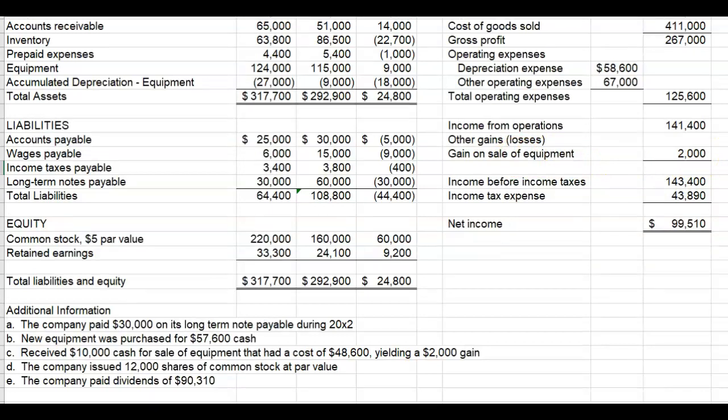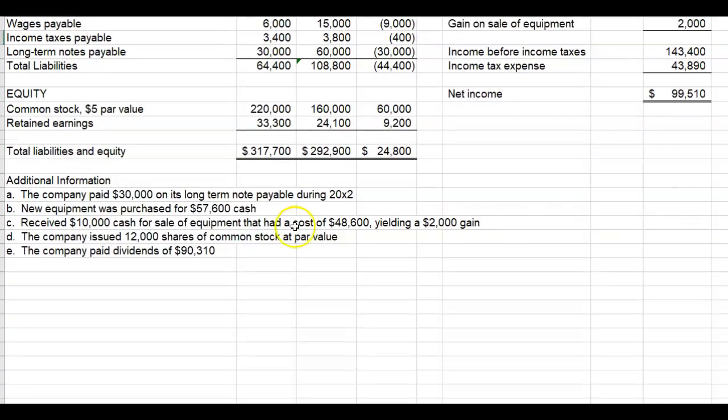But the cash that's involved in that is we received $10,000 cash for equipment that cost us $48,600, and the net book value of the equipment then would be the cost minus accumulated depreciation. We really don't need all those numbers, and we don't need the gain number. All we need to know is how much cash we receive for selling equipment, and that's $10,000. We can ignore all of this information.